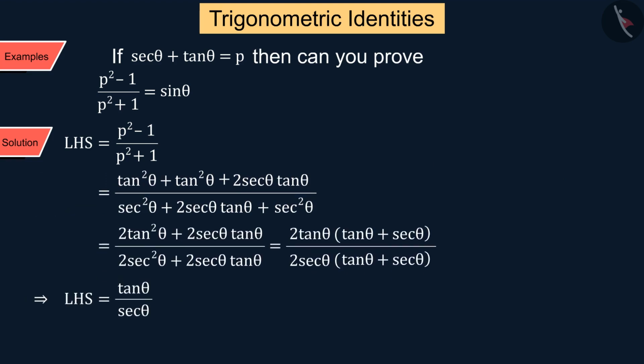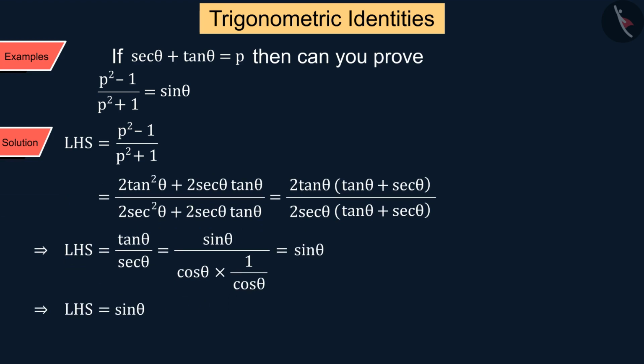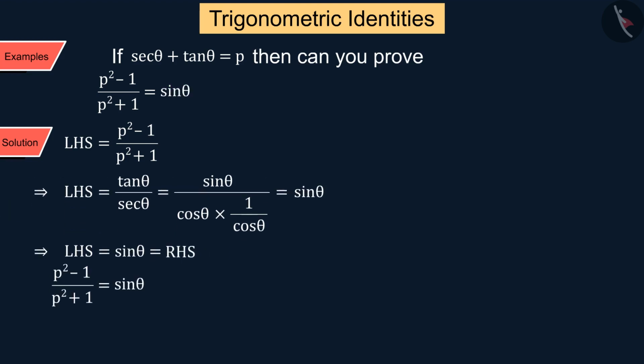But we know that we can write tan theta as sine theta upon cos theta and sec theta as 1 upon cos theta, from which we get the left side value sine theta, which is equal to the right side of the given equation. Thus, we proved it.